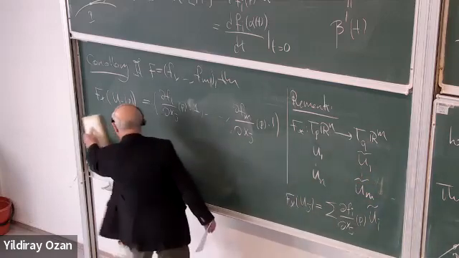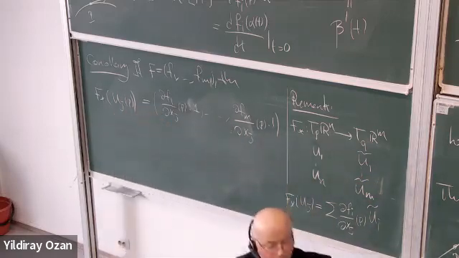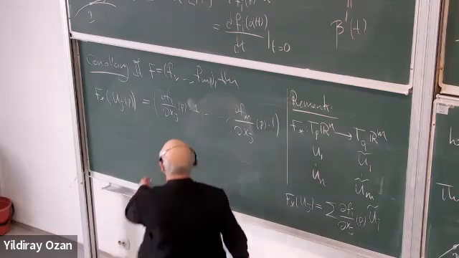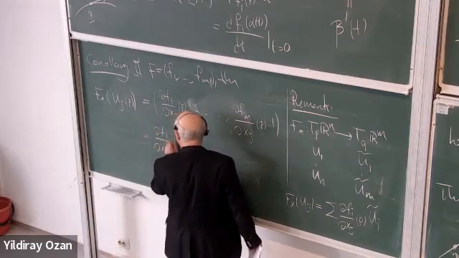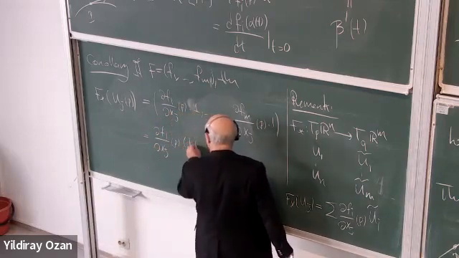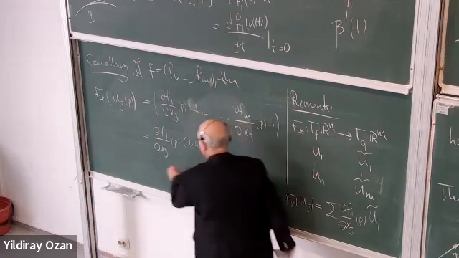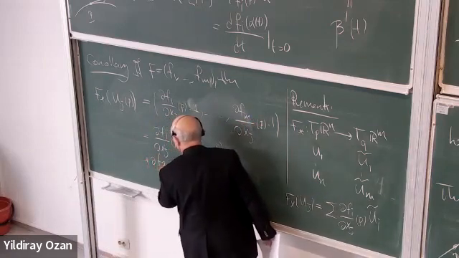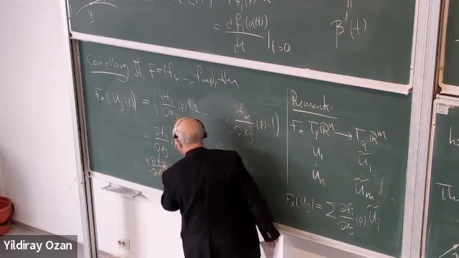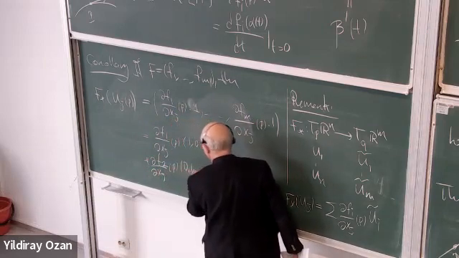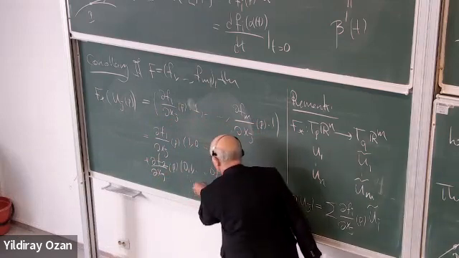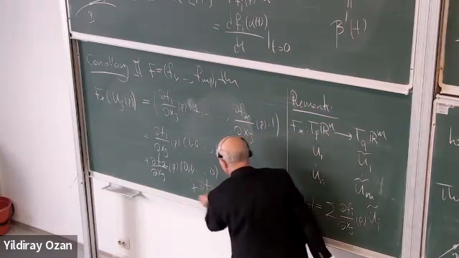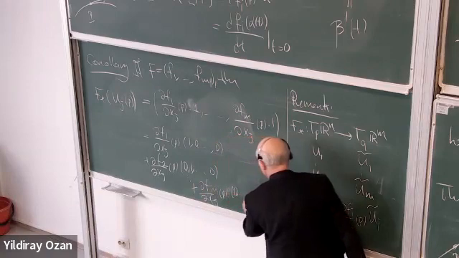Let me erase this part. What is this expression? This is nothing but del F1 del XJ at P times 1, 0, 0, 0, plus del F2 del XJ at P times 0, 1, 0, 0, up to del Fm del XJ at P times 0, 0, 0, 1.